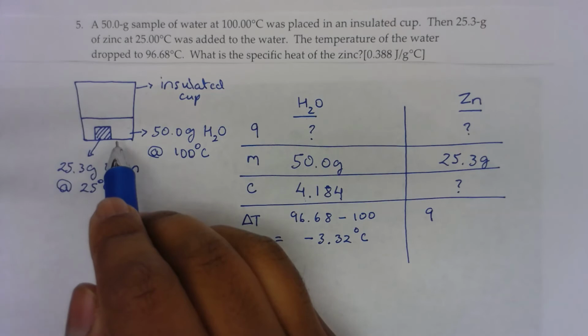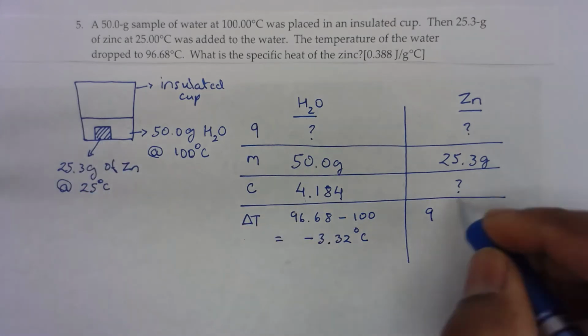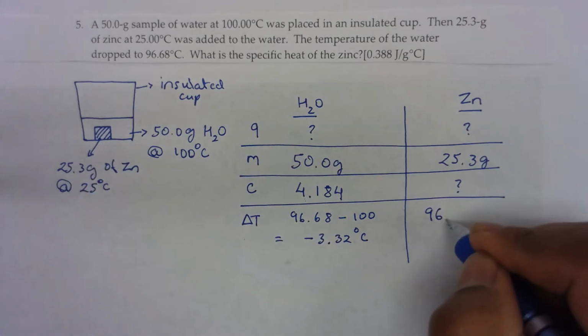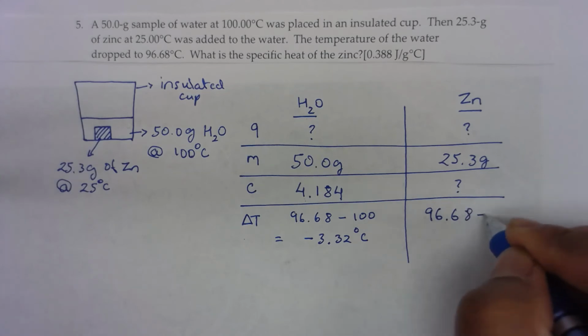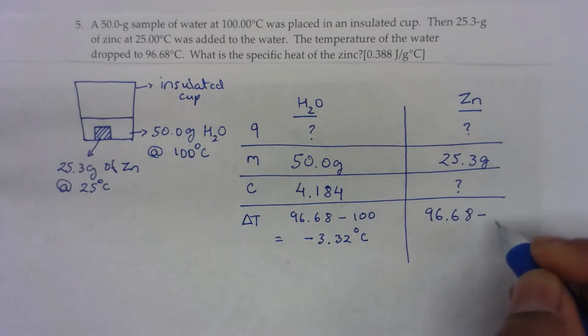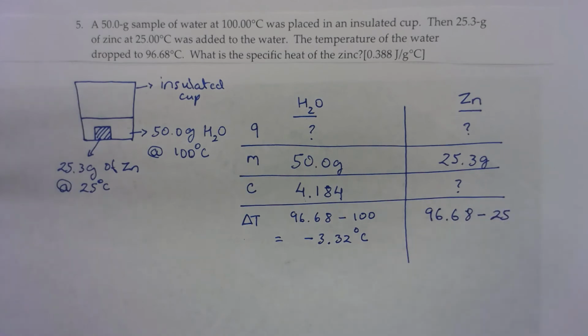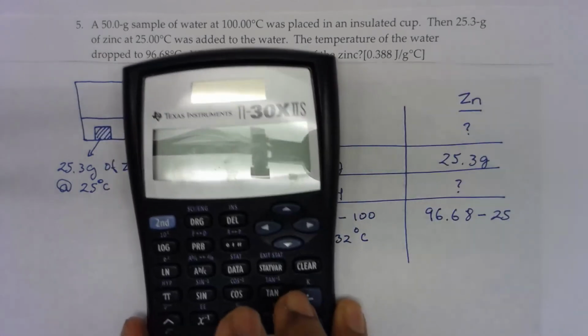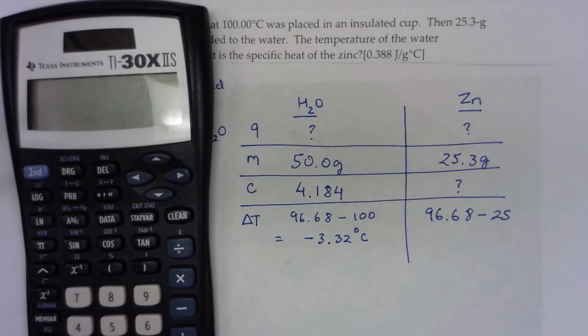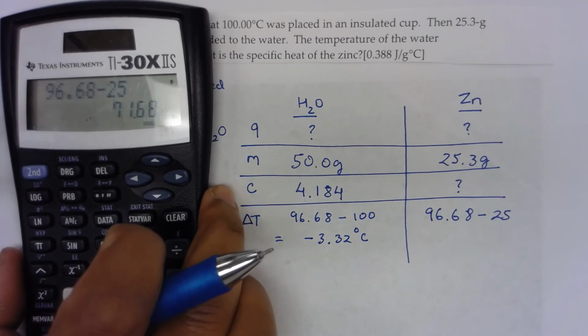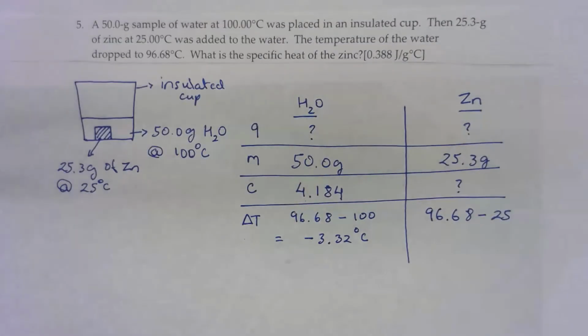So whatever the temperature of water, the same temperature of zinc. So 96.68 minus the initial temperature, 25 Celsius, gives me 71.68.